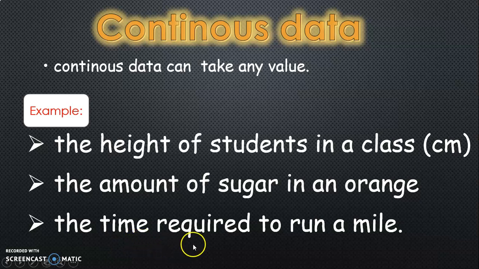We can say that to reach a mile, it takes 30 minutes and 25 seconds. So we can take any value. This also depends on the person who runs. If he is fast, it means shorter time. But if he is slow, it means longer time. That's why we can take any value.